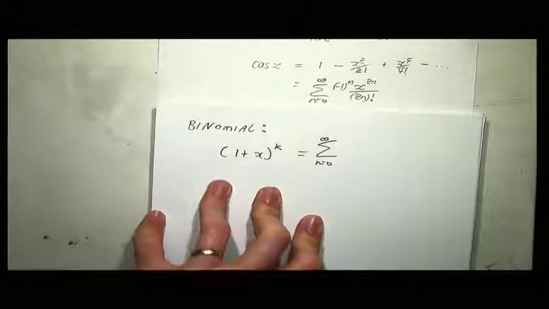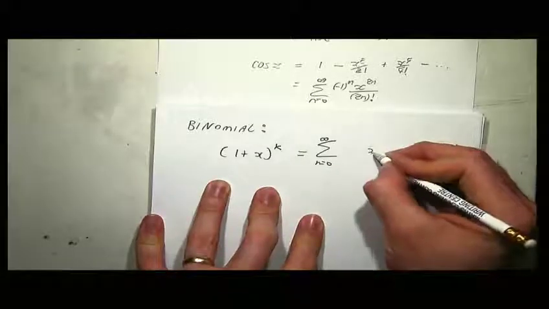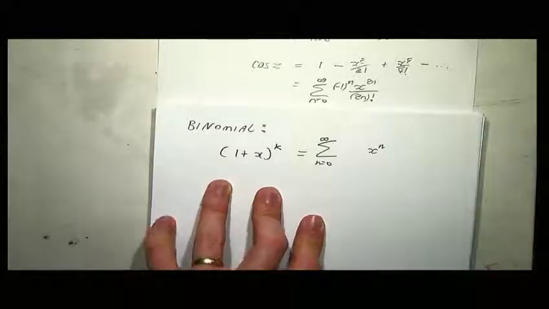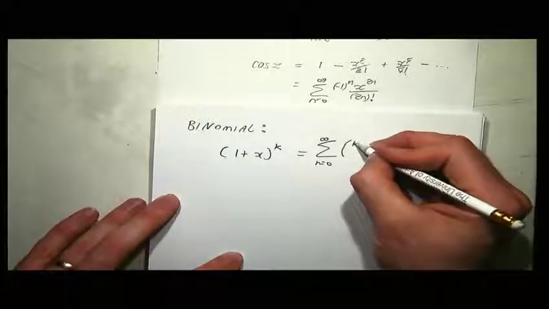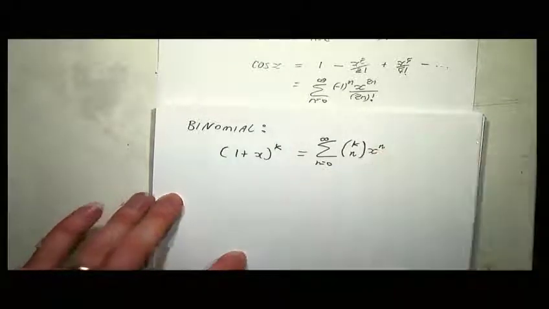Just like all the others, it's still got an x to the n here. The k comes into it in the coefficient of x. And what you do is you do k choose n. It's beautiful, it's all very simple.